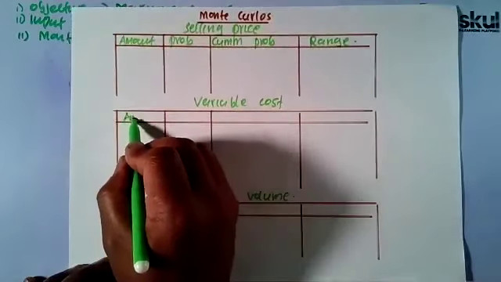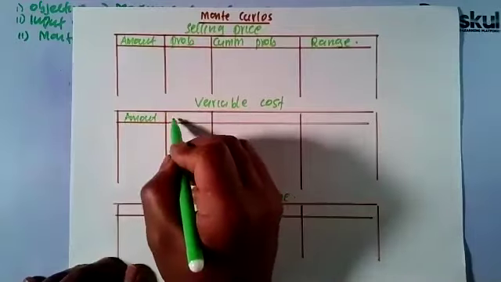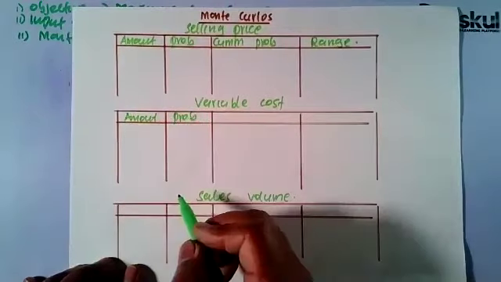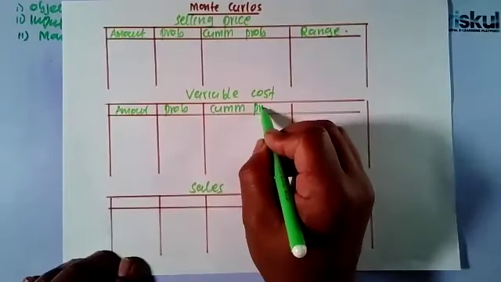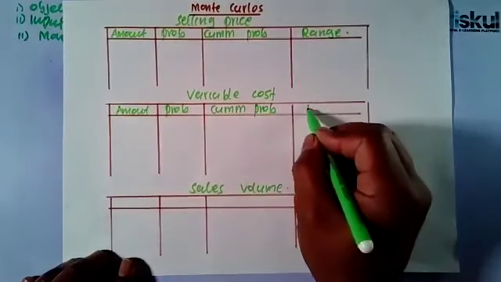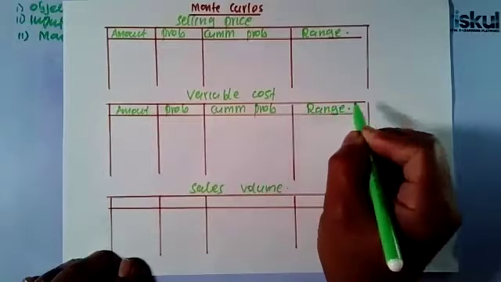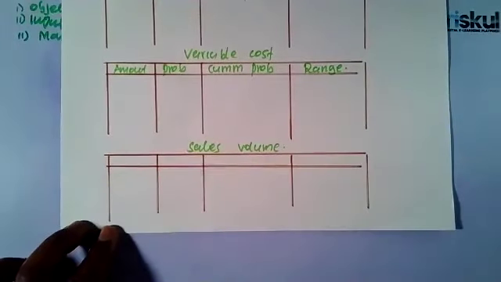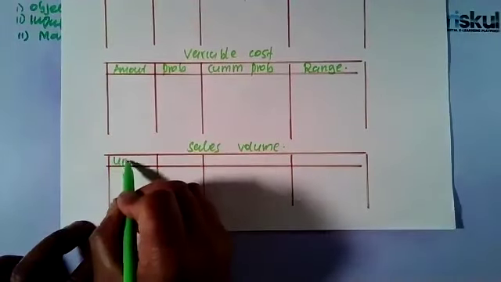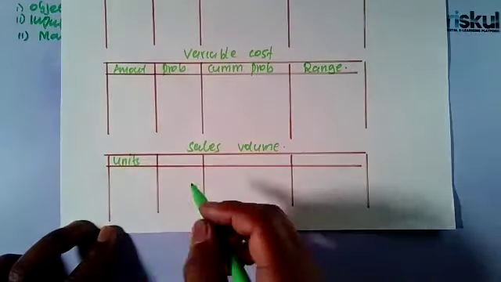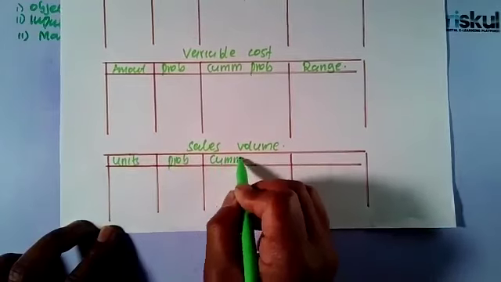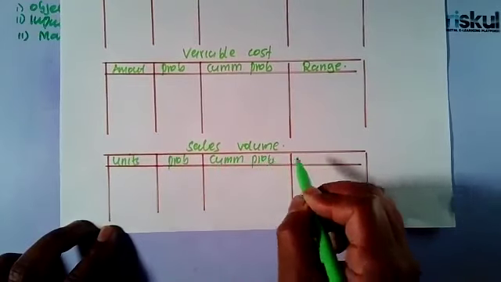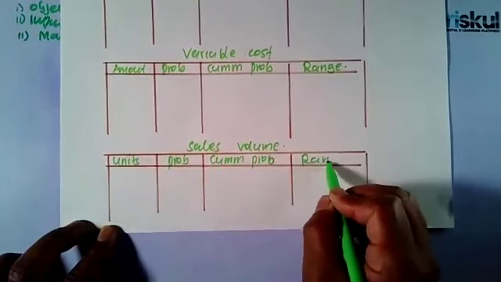You bring the amount, then probability, then you cumulate, you bring the cumulative probability, and then you range. For sales volume, you do the same. You bring the number of units, then probability, you cumulate the probability, and then you range.